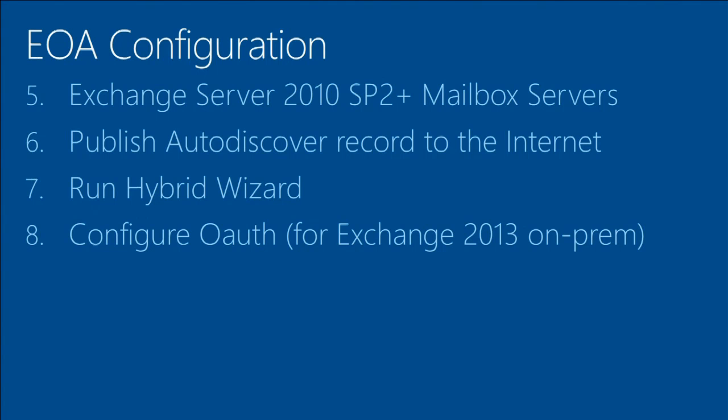Mailbox servers, if you're not on SP2 yet, you need to upgrade to SP2, or SP3 is out as well. So that's the minimum. Publish your Autodiscover record, because that is how clients from outside are going to be able to connect to your infrastructure, and that's how Exchange Online also does. Then you run the hybrid wizard, which is much easier from Exchange 2010 SP2 onwards.